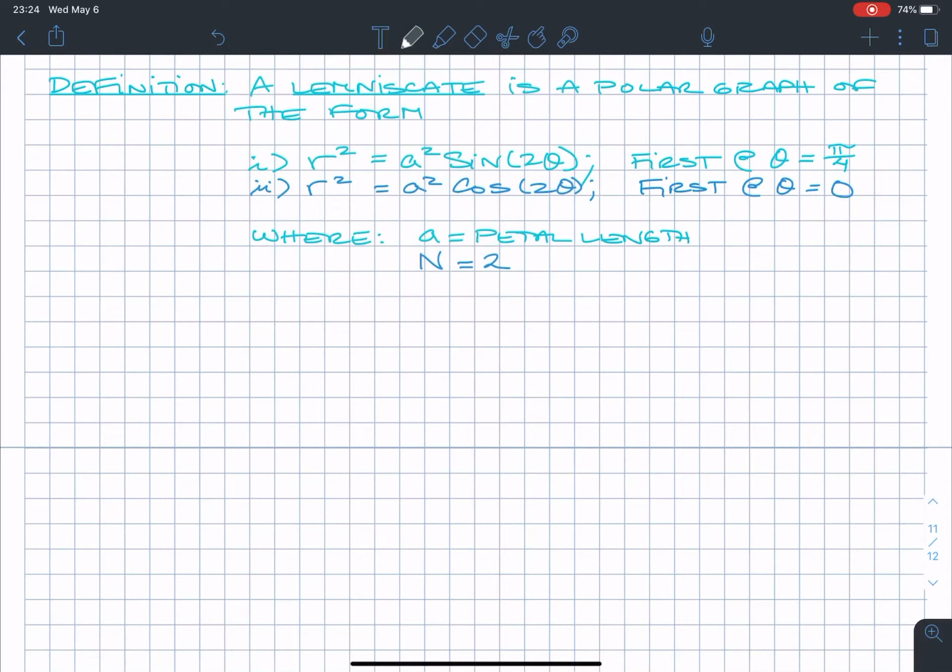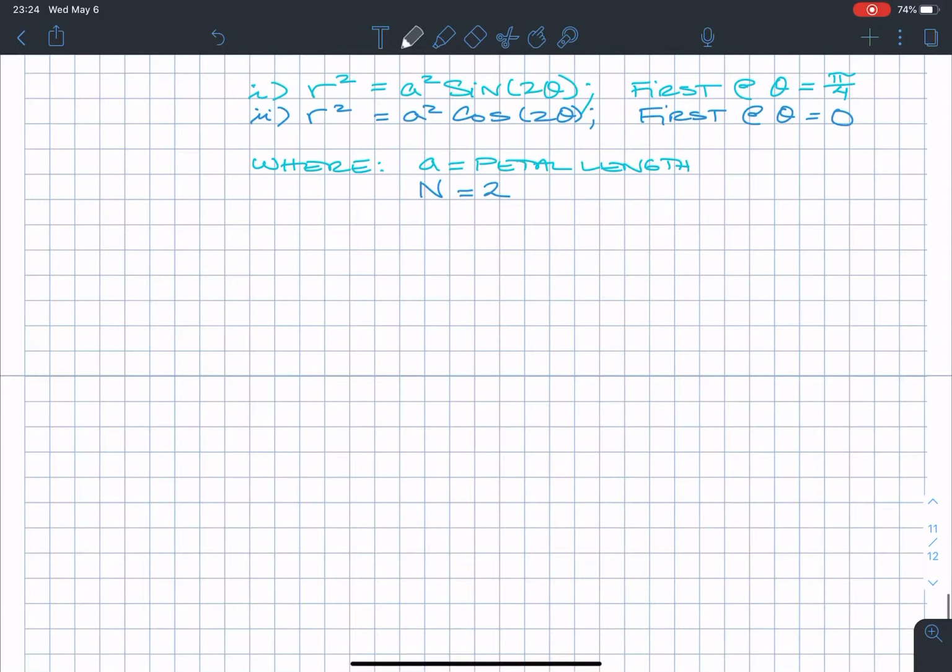Okay, so for example, plot the following lemniscates. And you'll recognize the lemniscate as an infinity symbol.